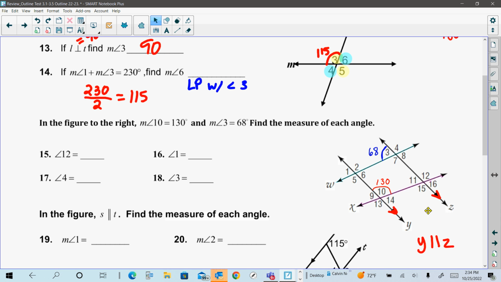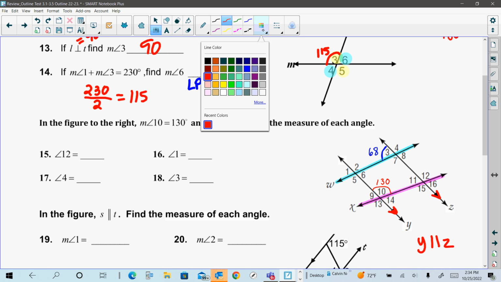So if Y and Z are parallel, then W is one type of transversal and X is a different transversal. So you're going to have different transversals, different relationships. Meaning, if I don't have color coding, I can do similar markings.